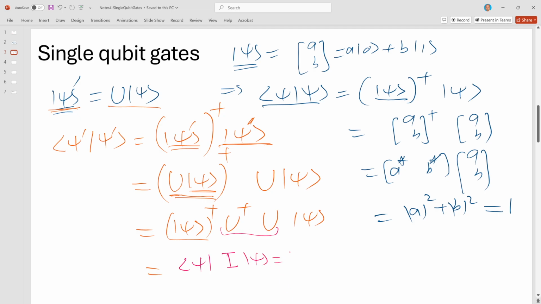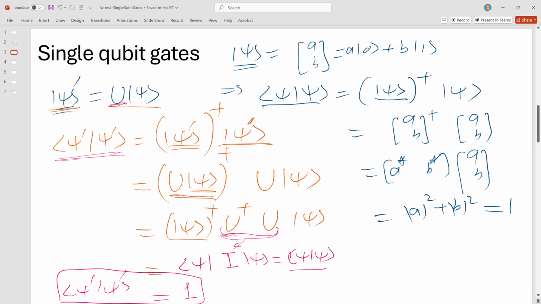If U is unitary, its dagger is its own inverse, then this gives us identity. So it means that the norm of psi prime is the same as the norm of psi, and since psi was normalized, this was 1. So by operating on our state with a unitary operator, we made sure that the probabilities are conserved.